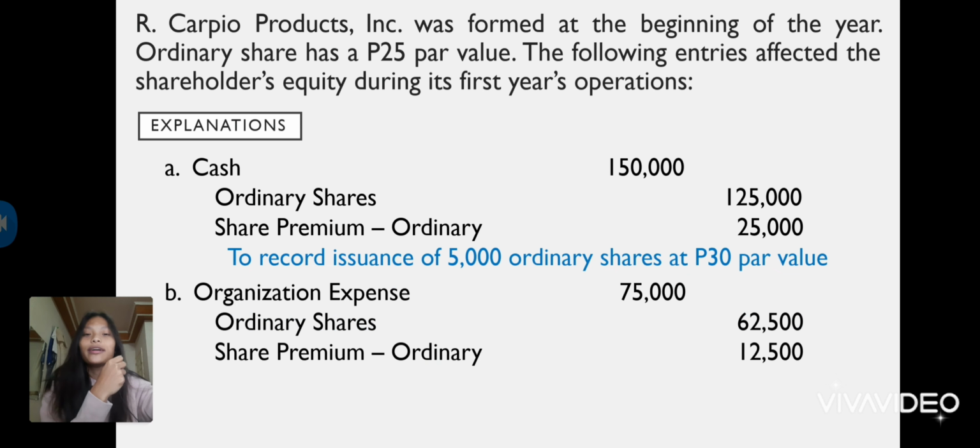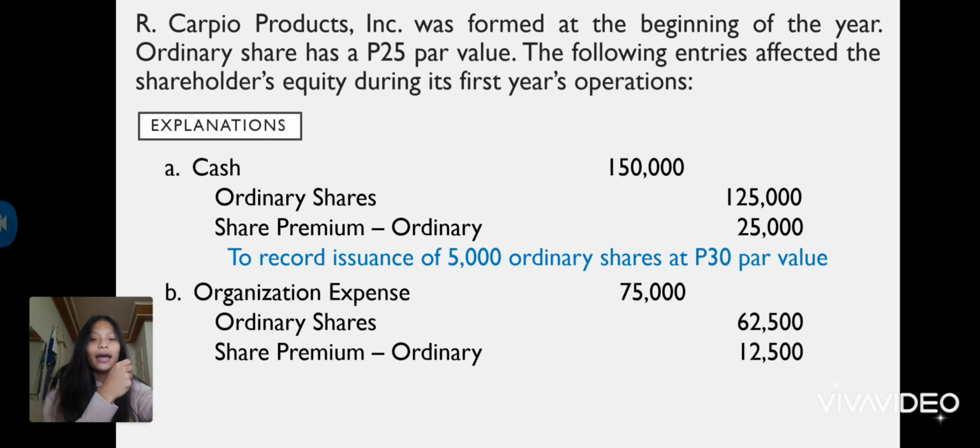So for letter A, the record issuance of 5,000 ordinary shares at 30 par value. I was able to determine the par value from this transaction by determining first the issued ordinary shares by dividing 125,000 by its 25 par value, which will equal 5,000.